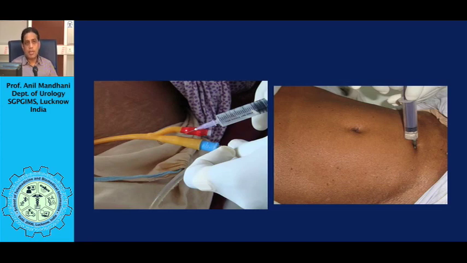Of course, you can substantiate it with ultrasonography, a basic test, and urine routine microscopy. Accordingly, you can start a common antibiotic and then refer the patient to the urologist. But if pyelonephritis is associated with high-grade fever, patients may need admission also.